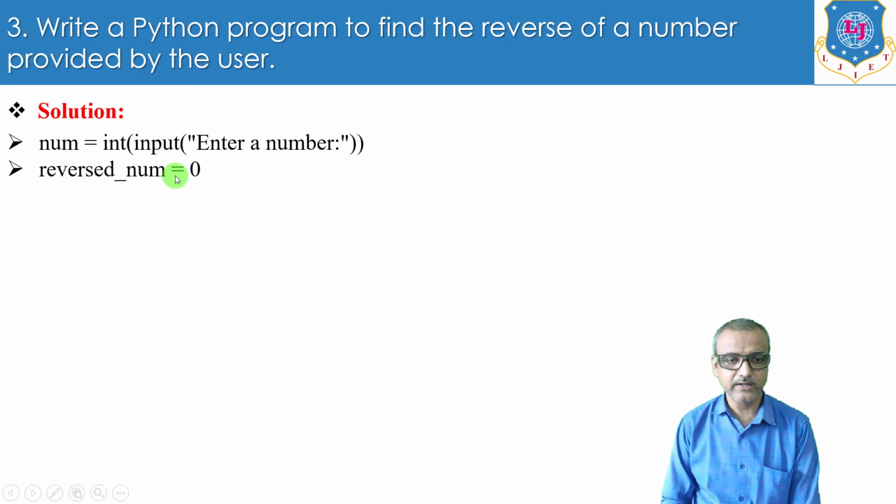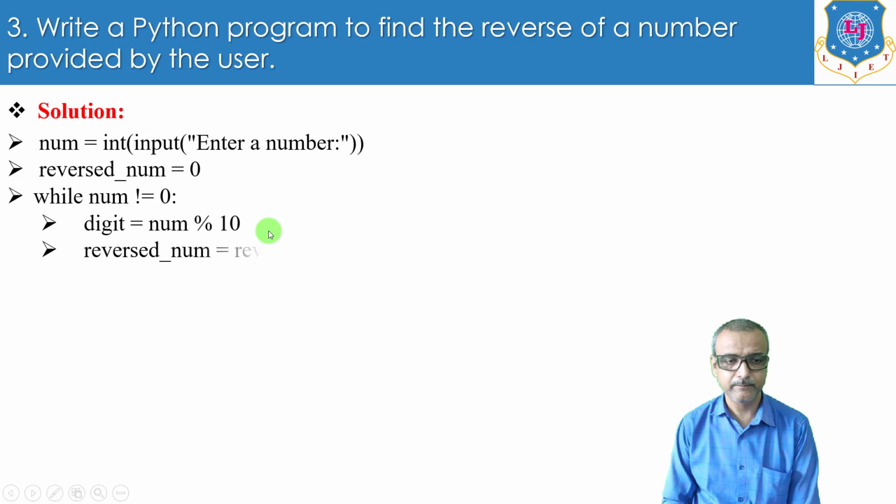Initially we are taking 0 in this variable. Now while num is not equal to 0, digit equals num modular division 10. Now reverse_num equals reverse_num multiplied by 10 plus digit.